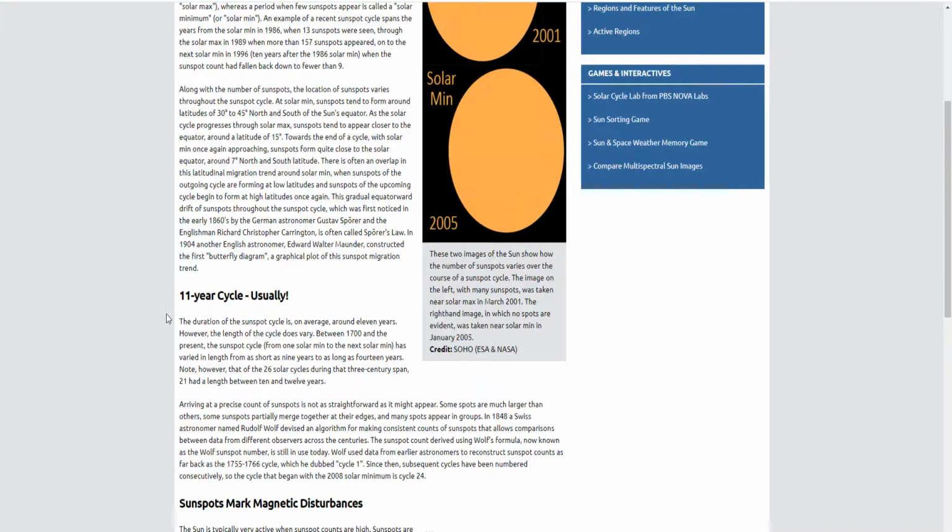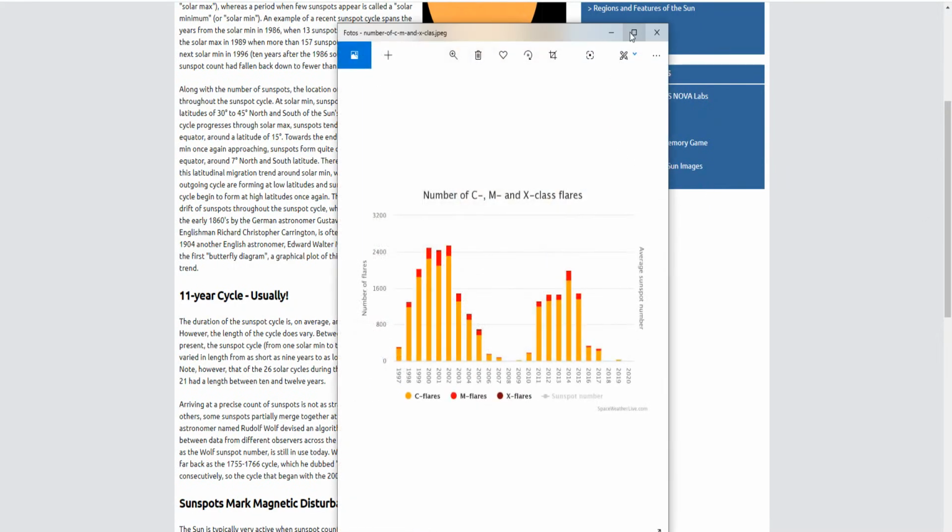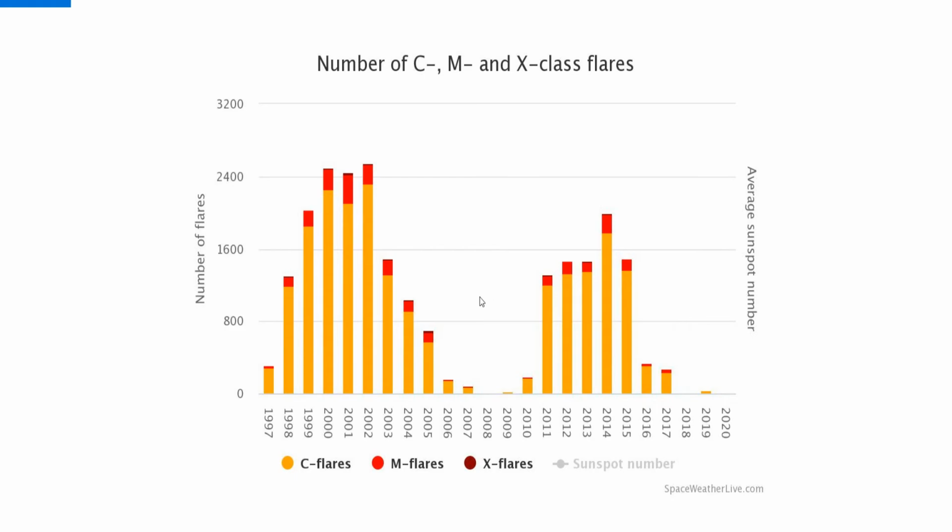About the sun cycle, the average is around 11 to 12 years for the full cycle. Let me see if I have another picture here about the full cycle. How does it work? This one here is an example of a full cycle. Let me check my schedule.